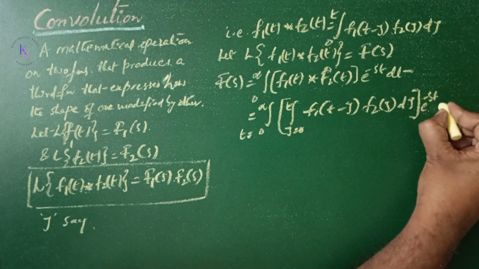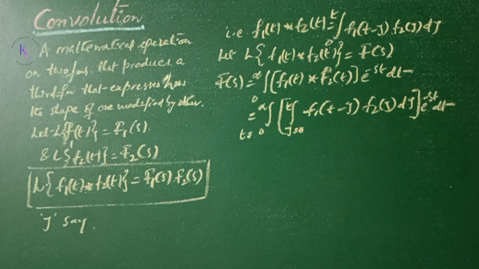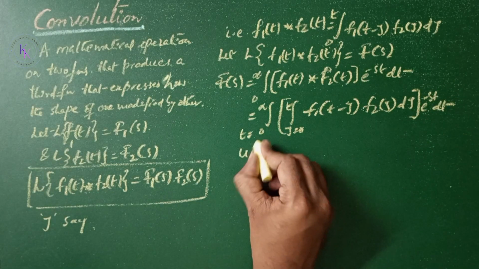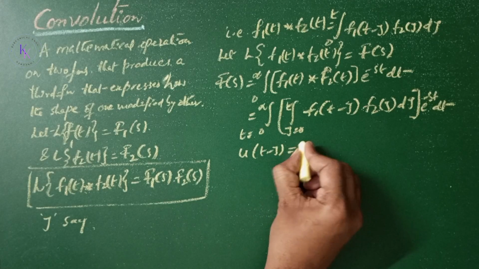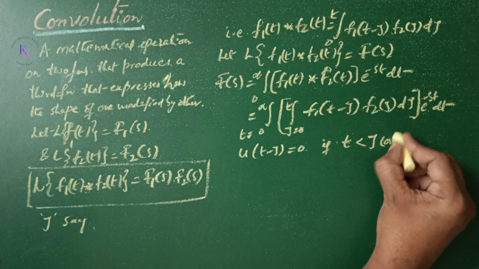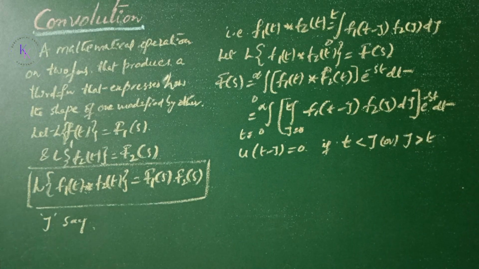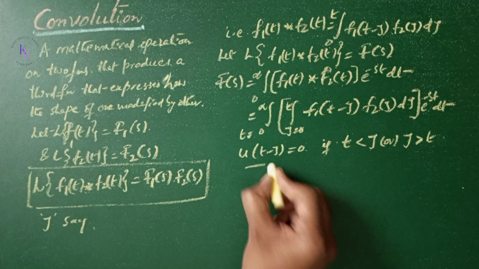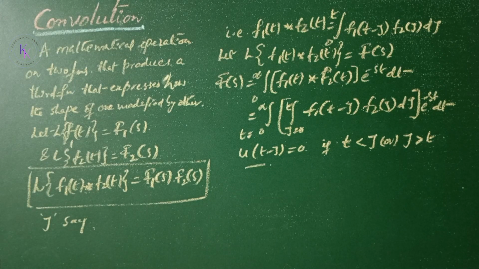Again, the unit step function u(t minus tau) equals 0 if t is less than tau, or tau is greater than t. Thus, if we multiply the right hand side of the above expression by u(t minus tau), the product will be 0 for the values where tau is greater than t.